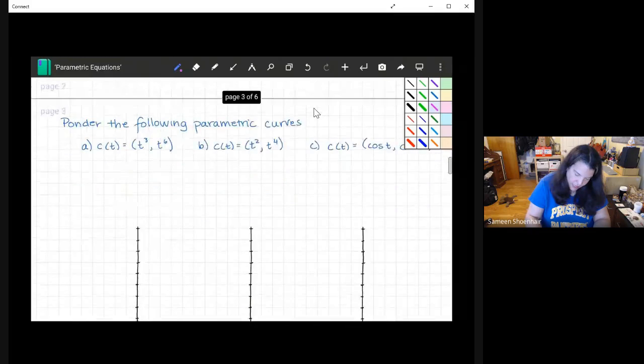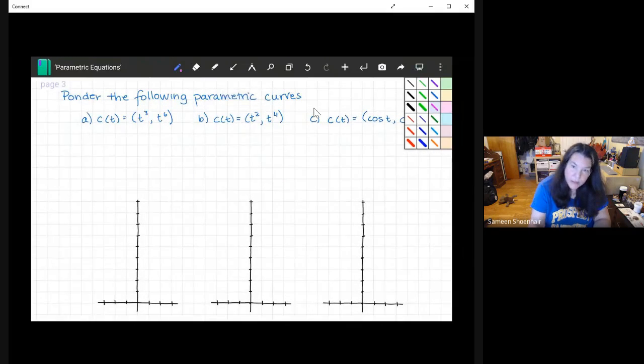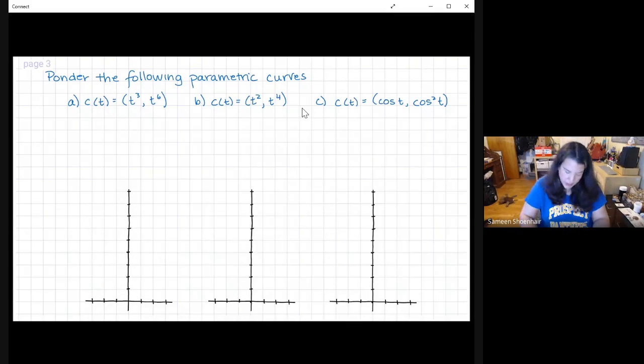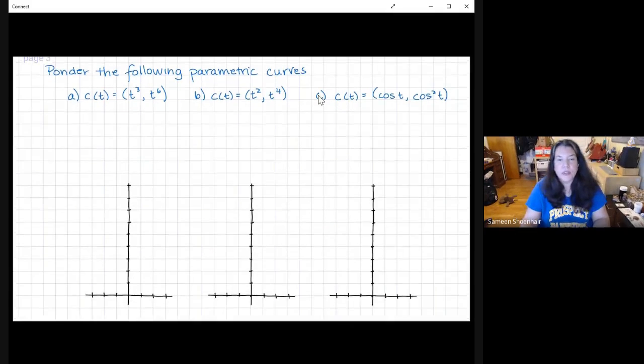So now to get a really good handle on these parametric curves, let's look at these 3 things first of all. Now, we have this parametric curve, and this parametric curve. One way that you can graph parametric equations is to make that table that we made before.